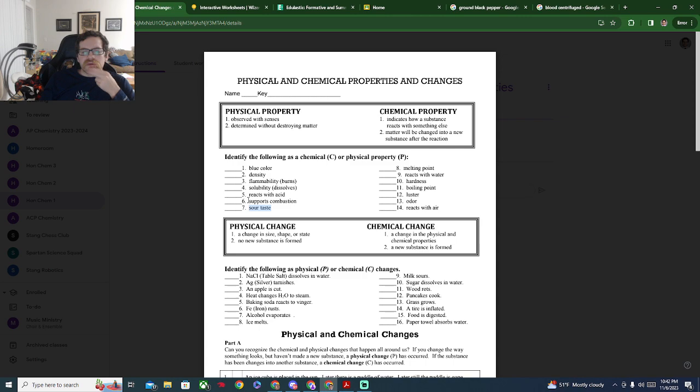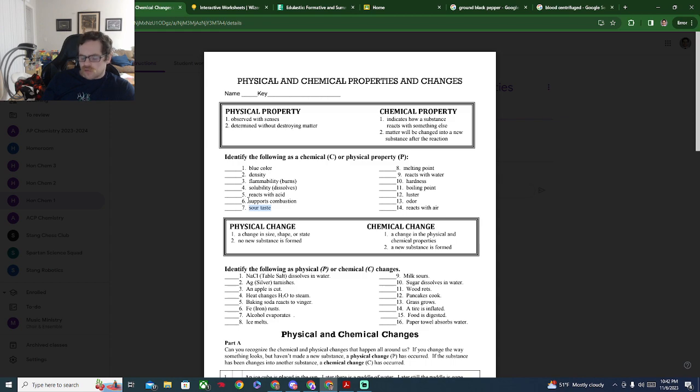It might react a bit with them, but it's not changed. It's still sugar. Right? My body is going to break that down later and use it for energy, so it can't be changed when I'm tasting it. And so if you overthink it, you might come out with taste being a chemical property. But it is a physical property.